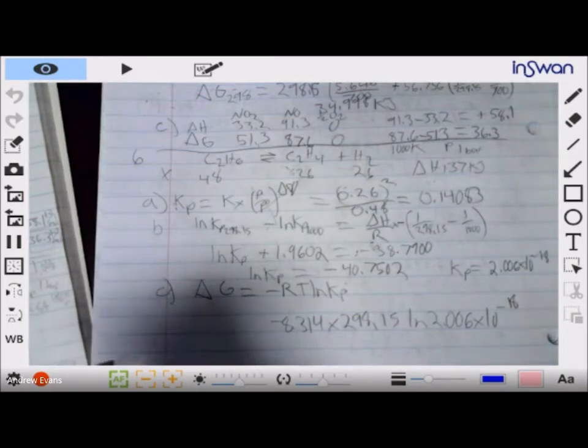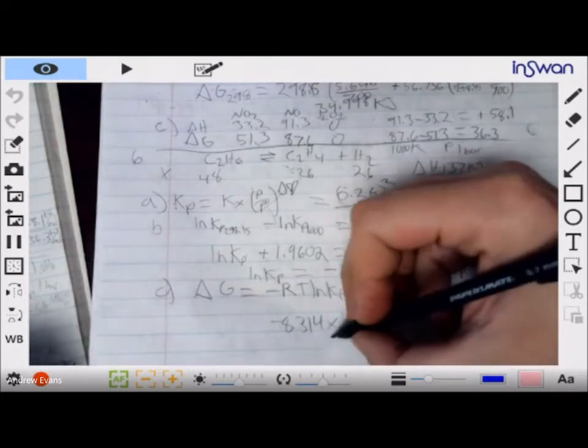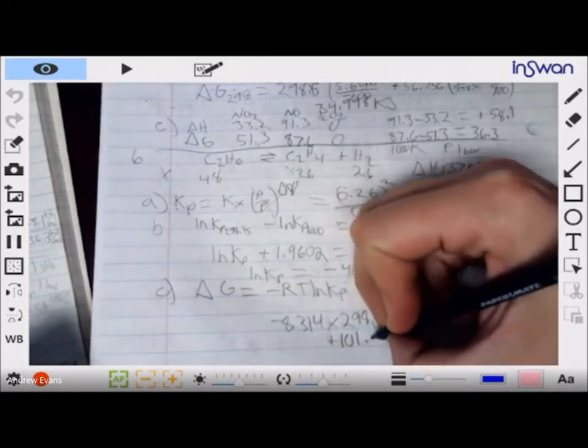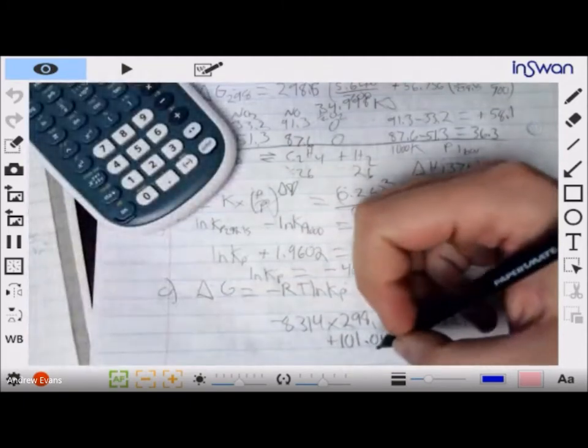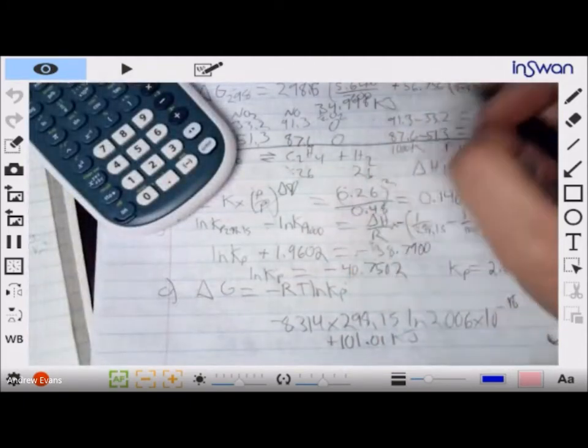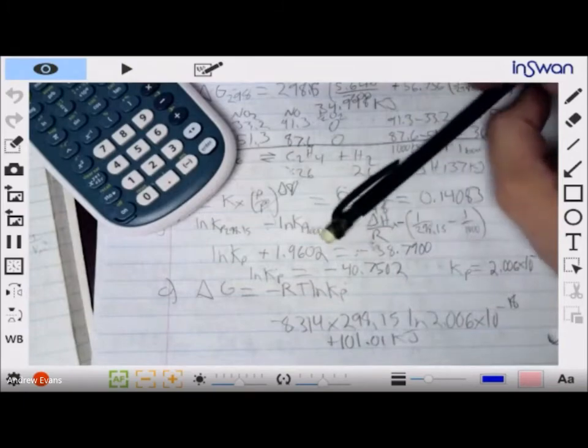Doing that, making it negative and dividing by 1,000, you get positive 101.01 kilojoules. So, easy enough.